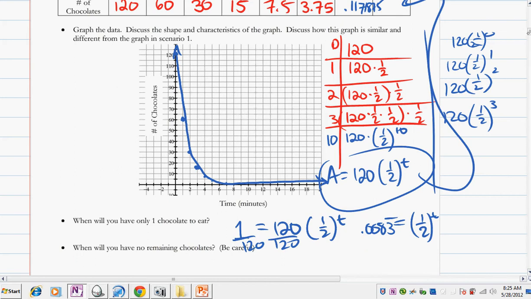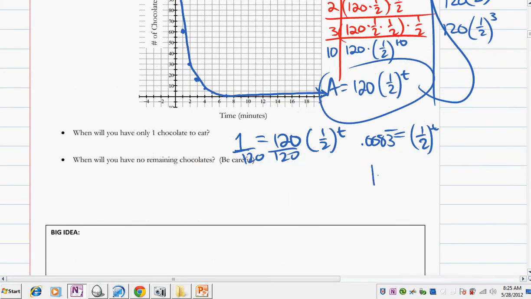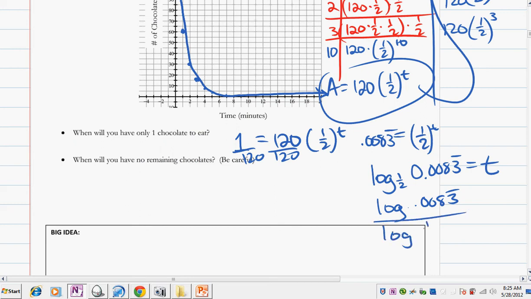But again, I could use logarithms if I so chose, and I would know that the log base 1/2 of 0.0083 repeating is equal to t. And using my change of base, log 0.0083 repeating over log 1/2 gives me t, which I can type in the calculator.